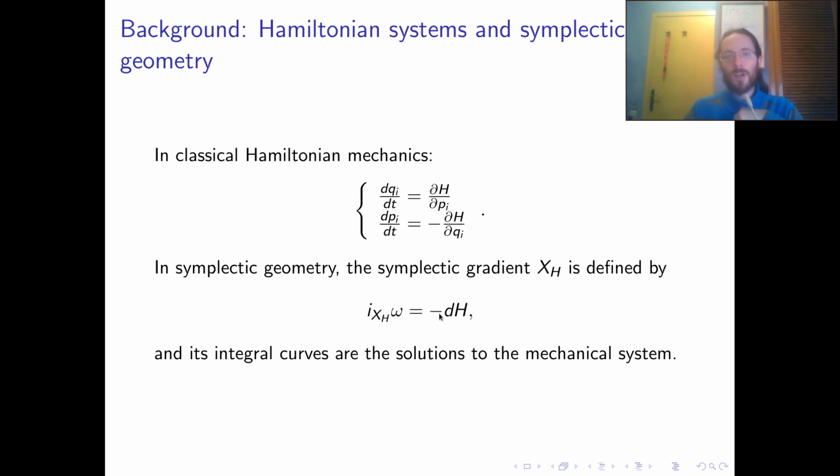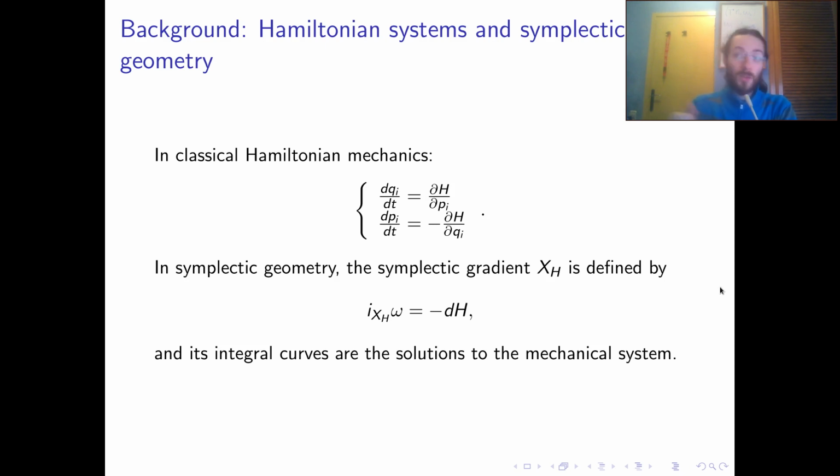Of course, if we don't have this minus sign, then we just have the opposite. Geometrically we have the exact same information, but we think it's nice to have exact coincidence here.